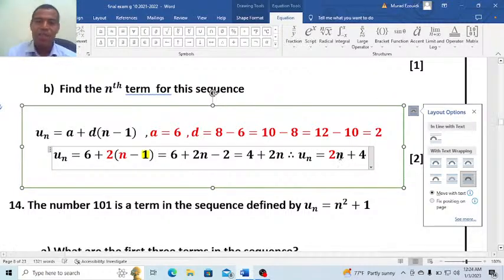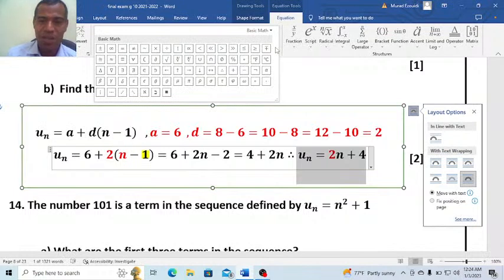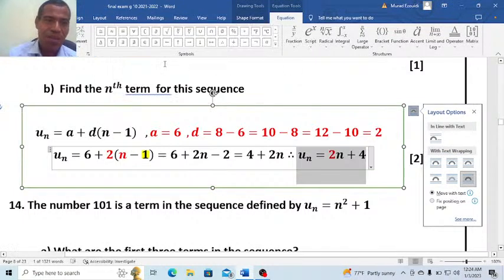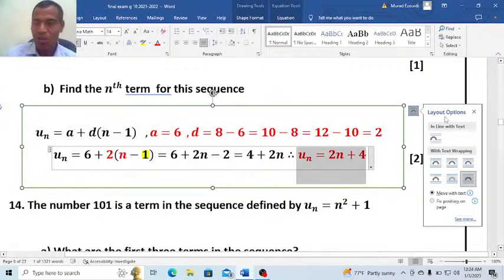This is the nth term, learners. It's very important that the steps should be written. Without steps, you will never get your full marks, simply because the last answer is out of 1 mark, or a half mark, according to the mark distribution.